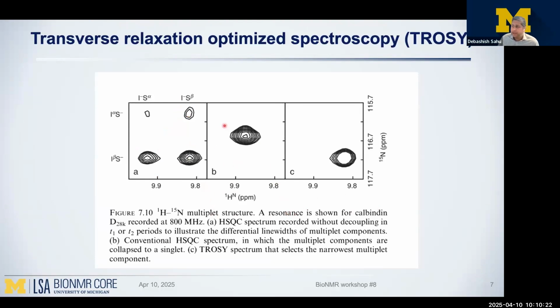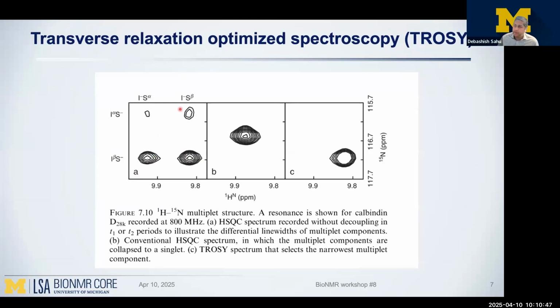The other technique that people have developed is something called transverse relaxation optimized spectroscopy, also known as TROSY spectroscopy. So basically, in an HSQC experiment, you have four different components. You have a fast relaxing component, and a slow relaxing component, and two other components that are somewhere intermediate.